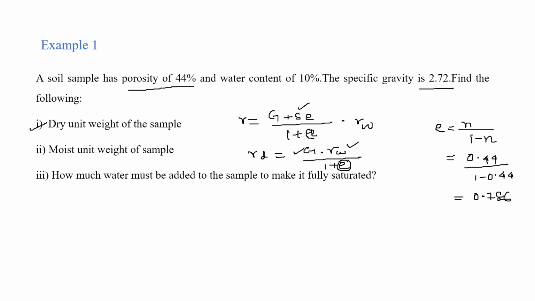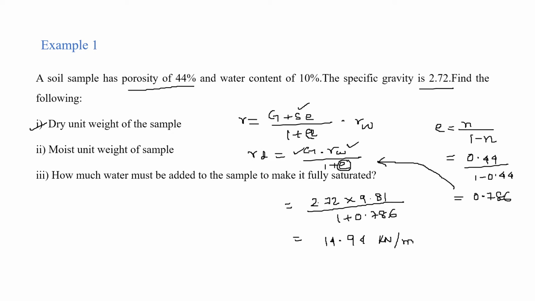So we simply put the value of void ratio here. The specific gravity is 2.72, the unit weight of water is 9.81, and we have 1 plus 0.786. So we can take out our calculators and calculate it. What we get is the dry unit weight as 14.94 kilonewton per meter cube. So this is my answer for the dry unit weight of the sample.